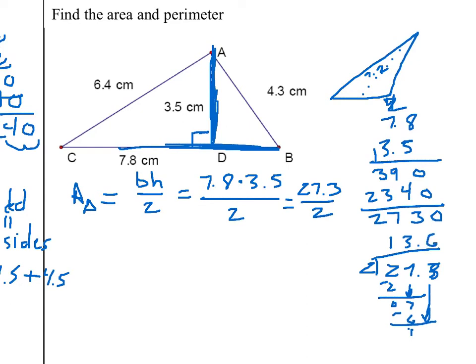Goes in 6 times. And haunt the house because we need one more. Ends up going in 5 times. So we get our area is equal to 13.65.